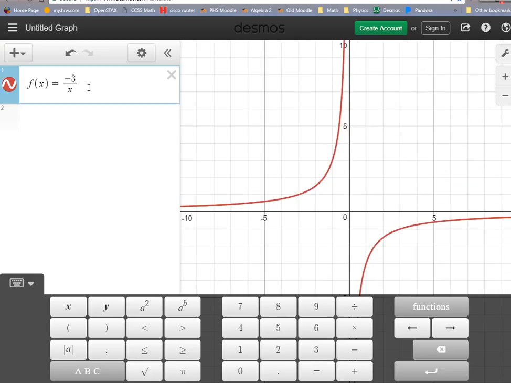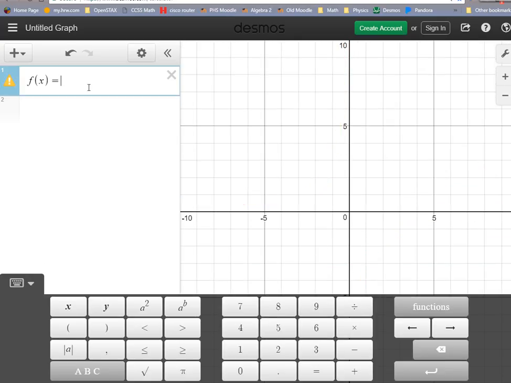So I'm going to make up a function here. I'm just making this up on the spot, so it may not work quite as well, but I think it'll work.